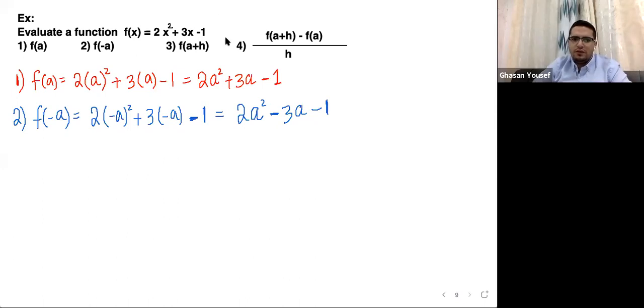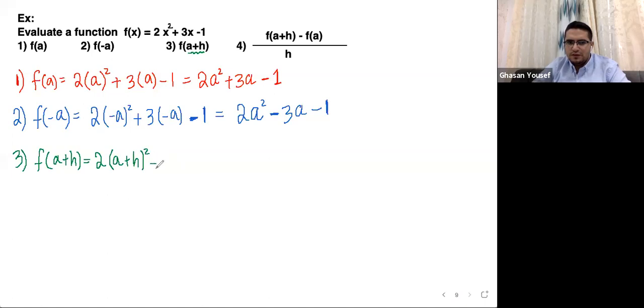Now for the third one, f of a plus h. Instead of x, you put a plus h. So f of a plus h equals 2 times a plus h squared plus 3 times a plus h minus 1.